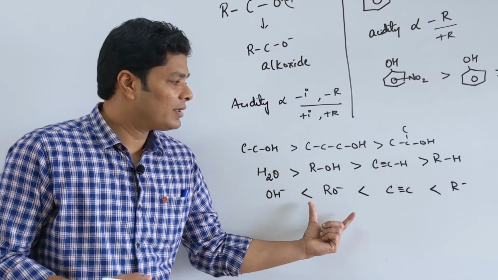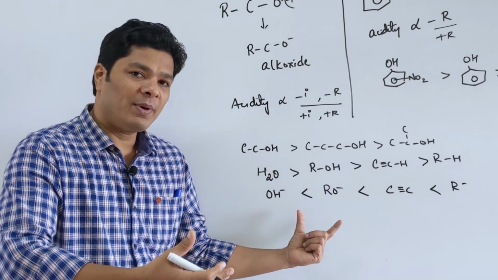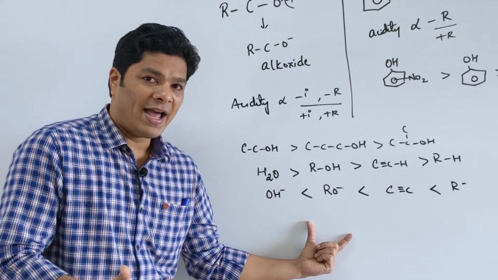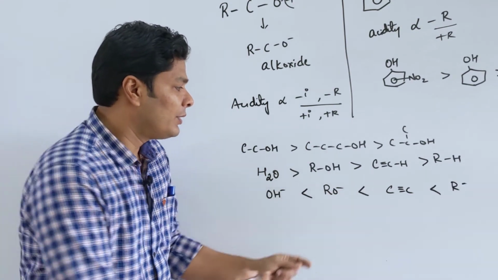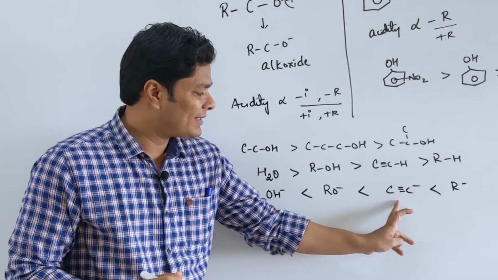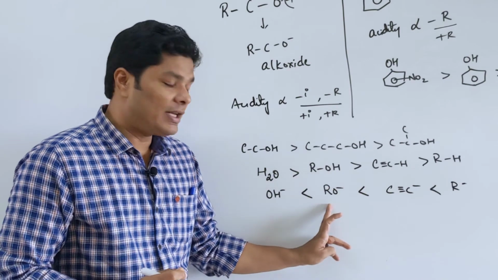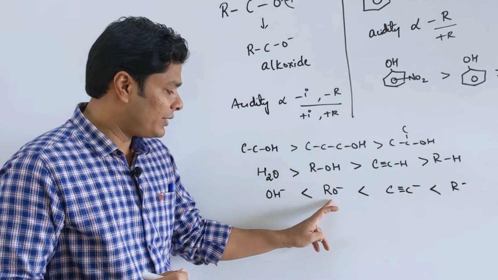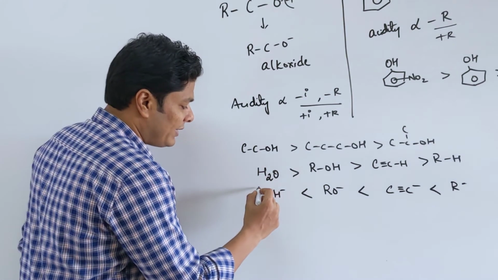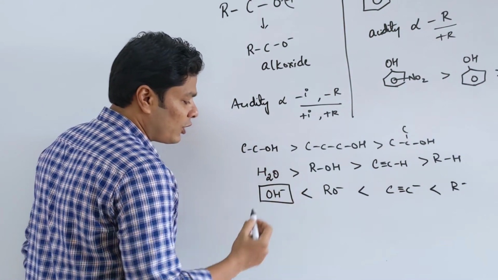You have to see this not only in this chapter, you have to see it in so many places so that you start remembering it out of habit instead of memorizing it. Your terminal alkyne will give you a much stronger conjugate base compared to an alcohol, which gives an alkoxide, and alkoxide is a stronger base than OH minus. The reason I am doing this here is people get fixated with the idea that OH minus is a strong base.